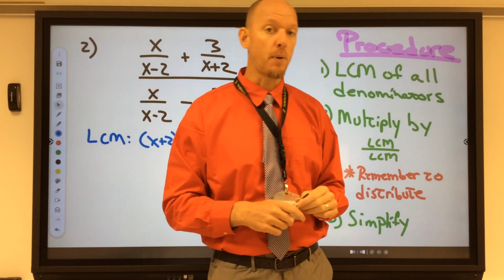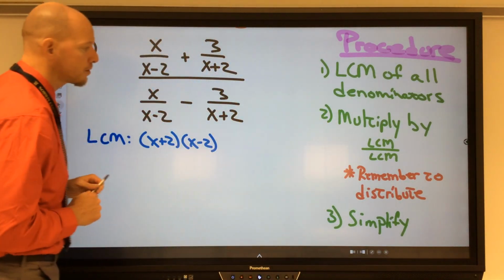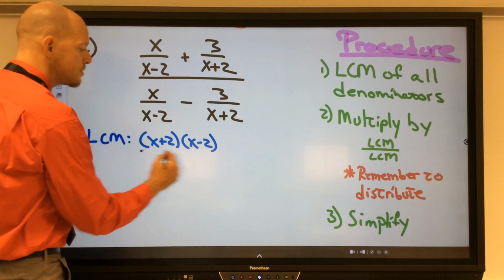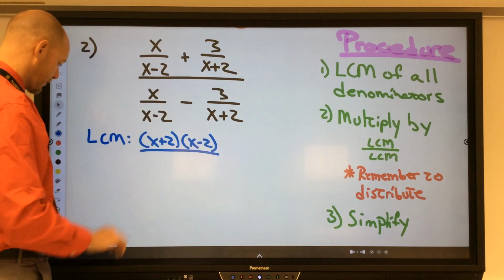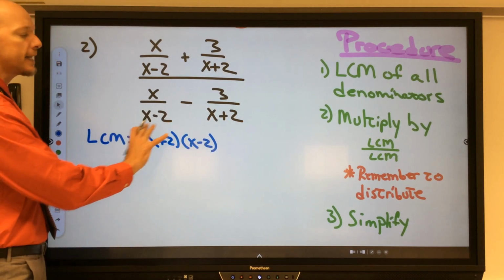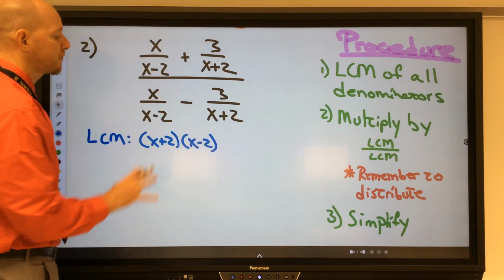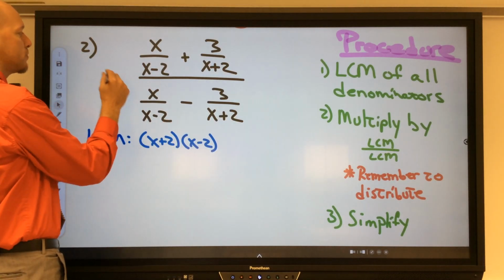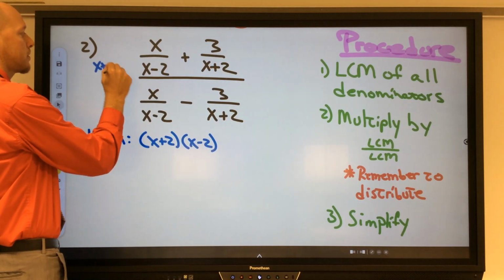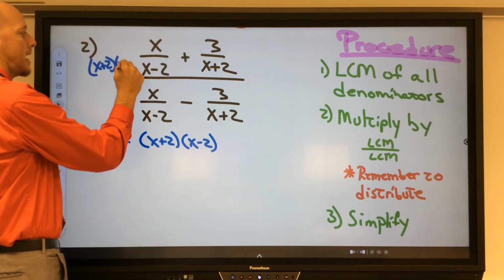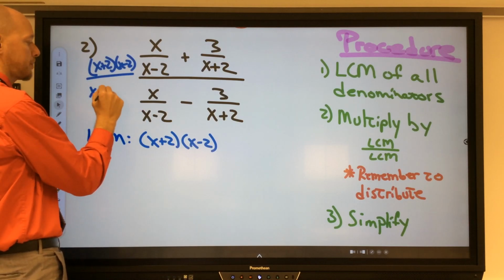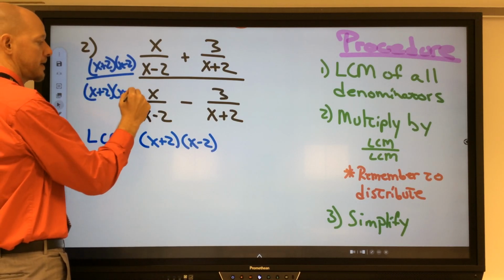Now the next part is I'm going to multiply by the least common multiple over the least common multiple. You might also identify that this is a difference of squares, but I'm not going to multiply this out and make it x squared minus 4. I'm going to leave it in its factored form. So I'm going to multiply this numerator by x plus 2, x minus 2, and I'm going to multiply this denominator by x plus 2 and x minus 2.